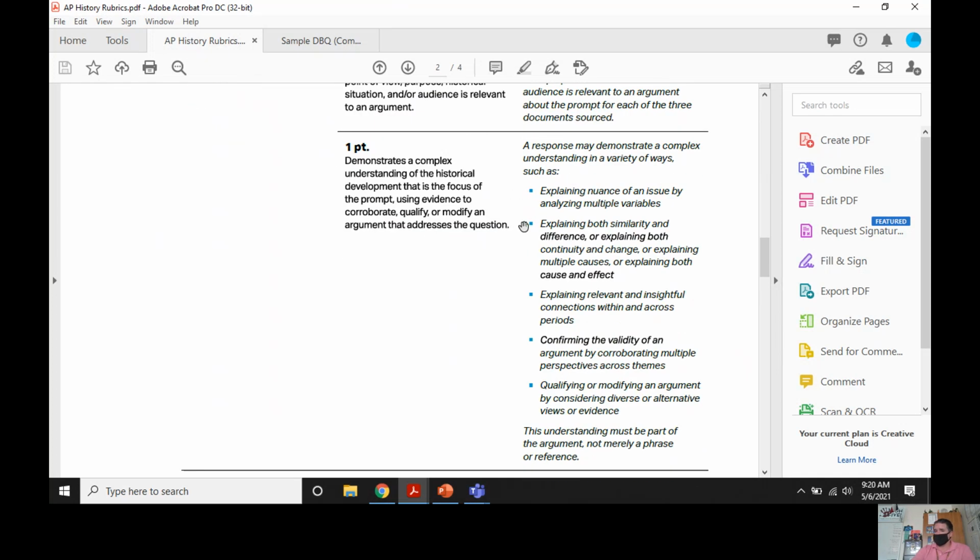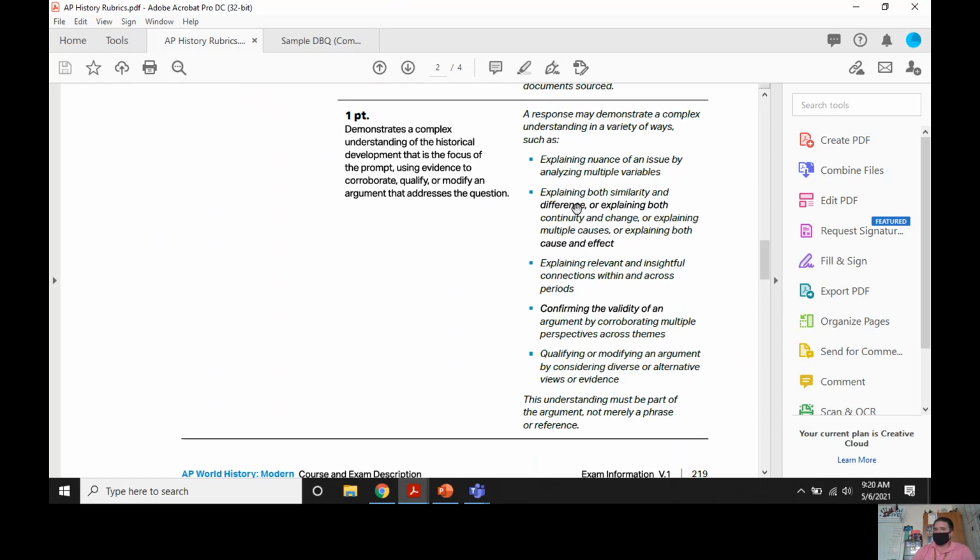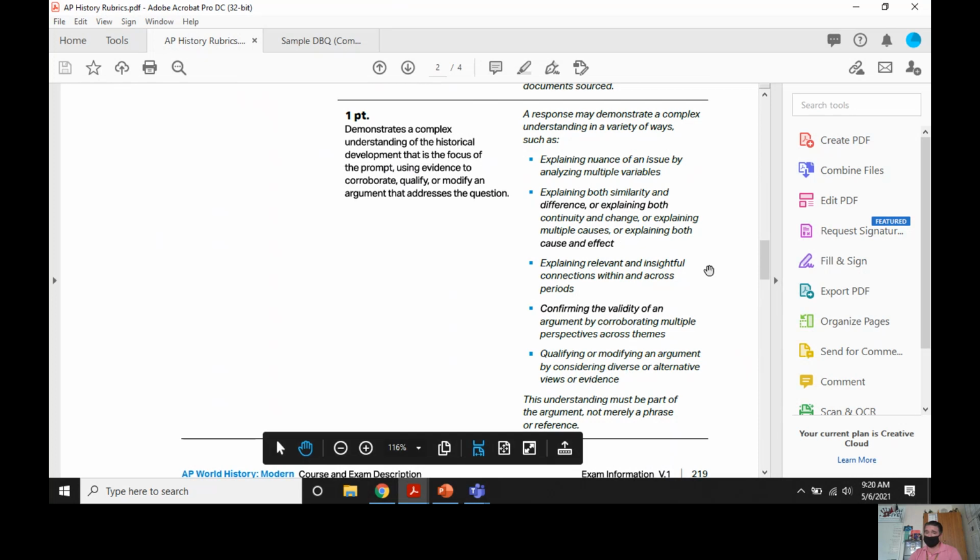Now, they give you some bullet points: explaining nuance of an issue by analyzing multiple variables; explaining both similarity and difference, or both continuity and change; explaining multiple causes, or both cause and effect; explaining relevant and insightful connections within and across periods; confirming the validity of an argument by corroborating multiple perspectives across themes; qualifying or modifying an argument by considering diverse or alternative views or evidence. This understanding must be part of the argument, not merely a phrase or a reference.